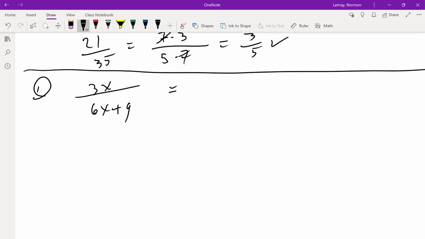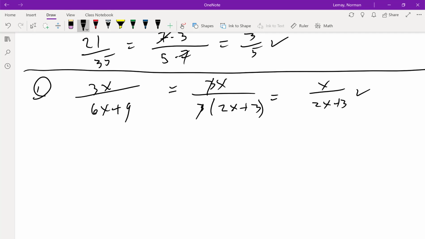There's nothing to do on the top. On the bottom, there's the greatest common factor, 3. So I get 3 times 2x plus 3. And note that the 3's will cancel out. So I'm left with x over 2x plus 3. And that is reduced. Nothing more to cancel out.